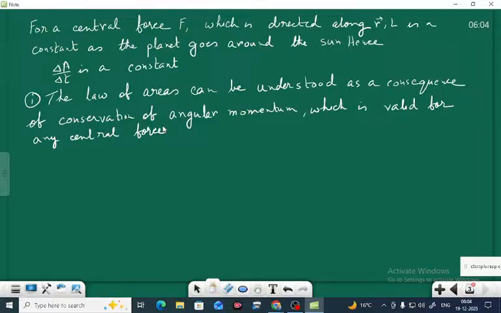So this you have to know that the law of areas can be understood as a consequence of conservation of angular momentum, which is valid for any central force.